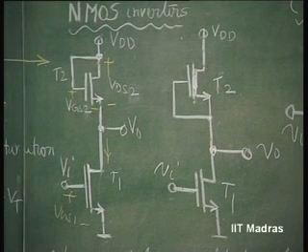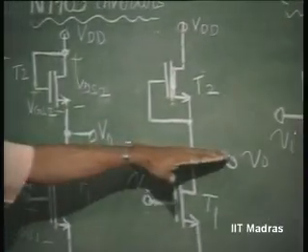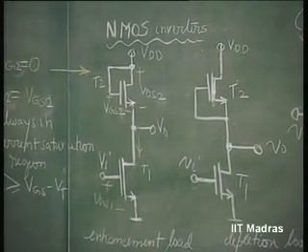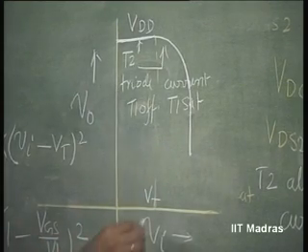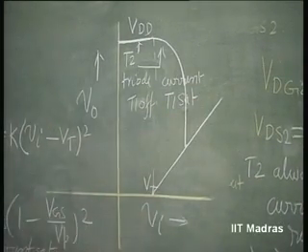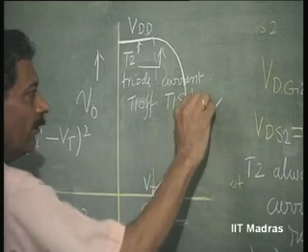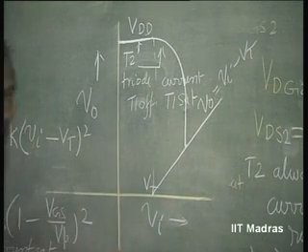A point will be reached when this transistor will enter the triode region. This is going to go on until the transistor enters the triode region. Once again we can draw the same line, that line remains the same, that is corresponding to V naught equal to Vi minus Vt.